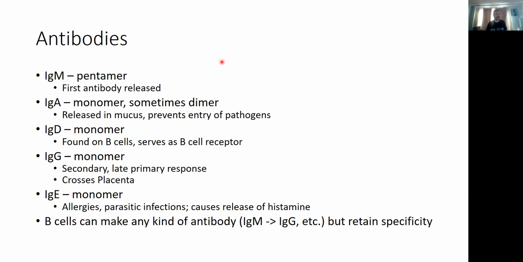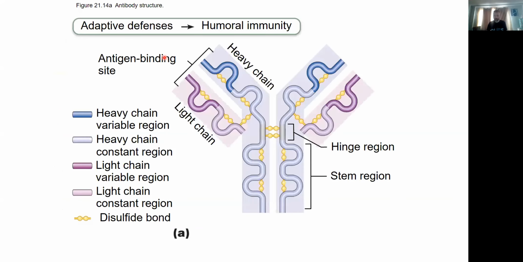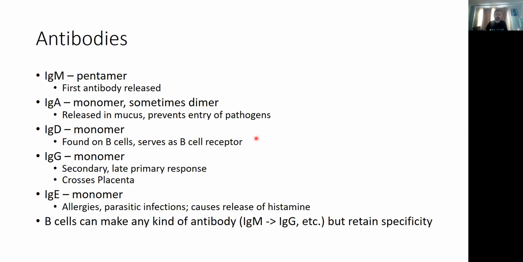As far as the different kinds, some interesting things about them. IgM is the biggest of all our antibodies. It's a pentamer. It is 5 of these guys stuck together. And this is usually the first antibody that we release. So the primary response, right? We release a lot of IgM. Okay.